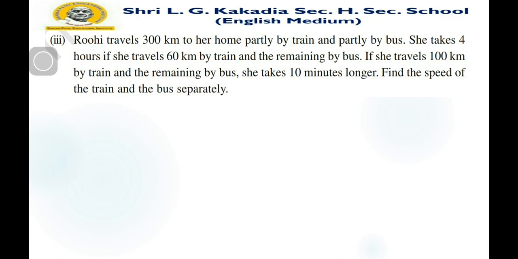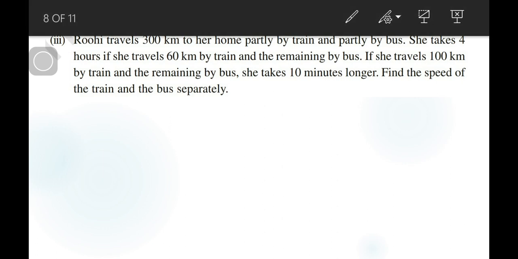First we have to assume the speed of the train and the bus. So we assume the speed of train is u and the speed of bus is v. Now here the total distance is 300 km.